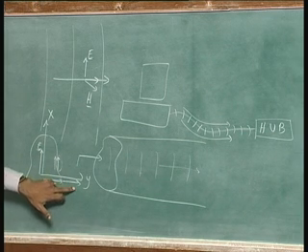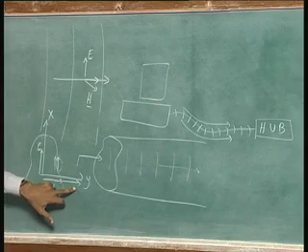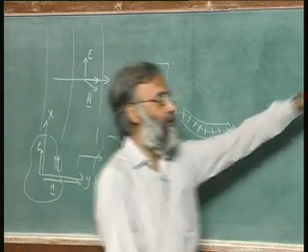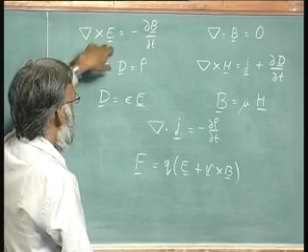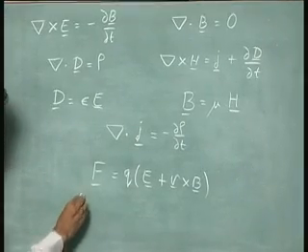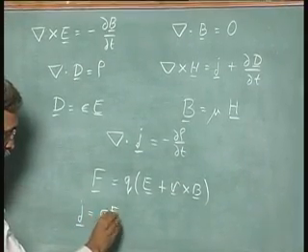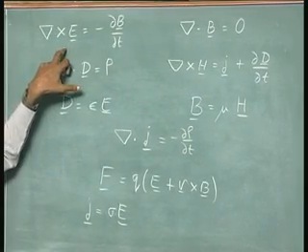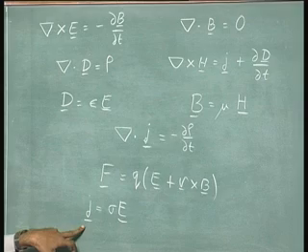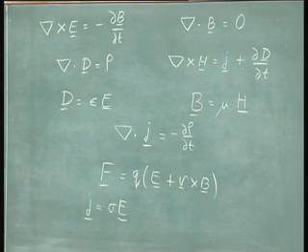But you know that Ampere's law tells us that if you have an electric field, you have current. If you have a magnetic field, you have an induced electric field, and therefore you have again lots of current.